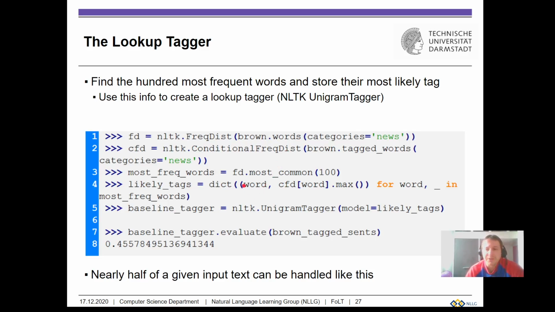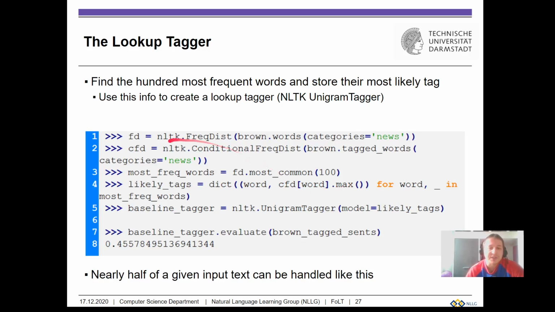And then what we do is we go over our most frequent 100 words, and we make a dictionary where we assign each word to its most frequent part of speech tag.